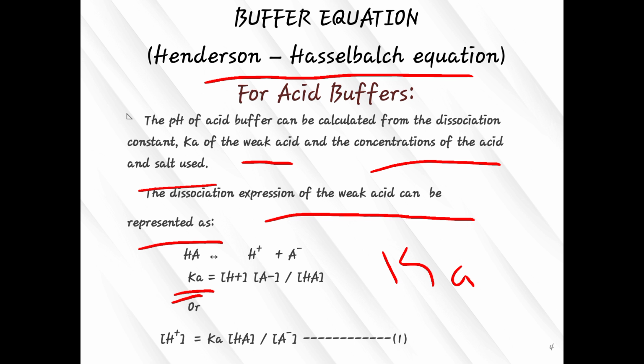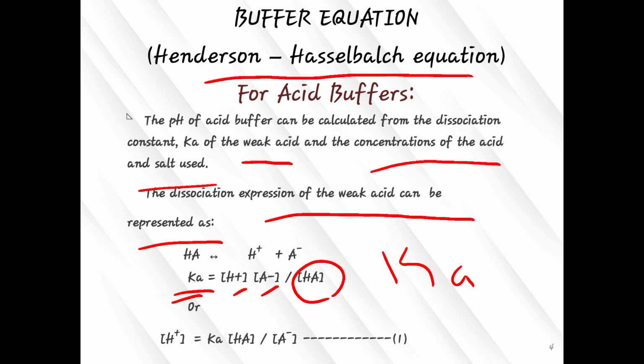That is the concentration of product divided by the concentration of reactant. HA dissociates into H plus and A minus. The dissociation constant is represented as Ka, equal to the concentration of H plus times the concentration of A minus divided by the concentration of acid HA.